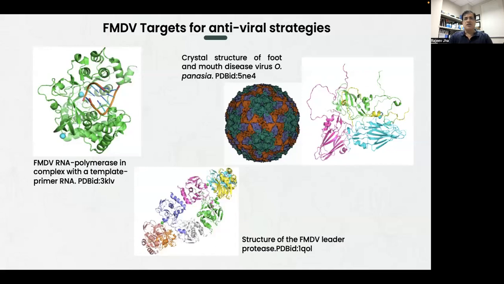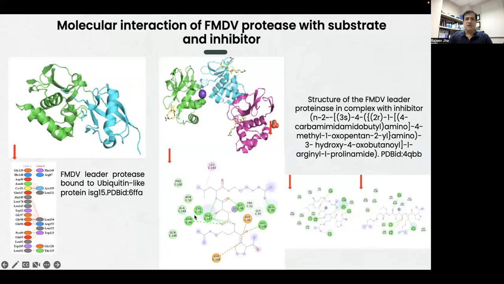Foot and mouth disease virus targets for antiviral strategies are FMDV RNA polymerase in complex with a template primer RNA, the crystal structure of the virus, and the structure of FMDV leader protease. Molecular interaction of FMDV protease with substrate and inhibitor.